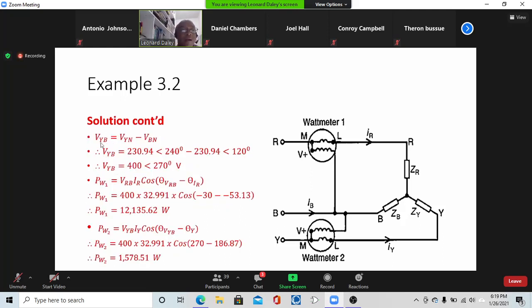All right, and VYB would be VYN minus VBN. So we just substitute in the values for VYN and VBN. So we get VYB is equal to 400 at angle 270. In your calculator, you might see minus 400I. Is that the same as minus 90, sir?